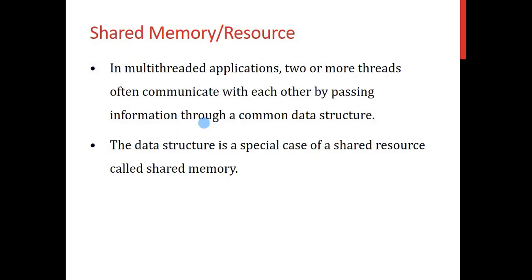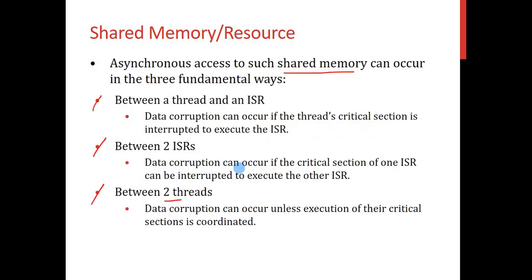So regarding shared resources, in a multi-threaded application, we usually can pass information from one task to another task through a common data structure, and one of the most popular ones is of course a shared memory. I just declare a shared memory that is globally accessible by multiple tasks. To protect this shared memory, as we have seen before, you have the issue of a thread and an ISR, or two ISRs.